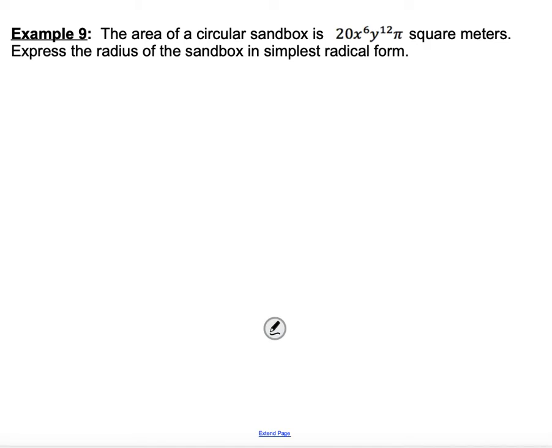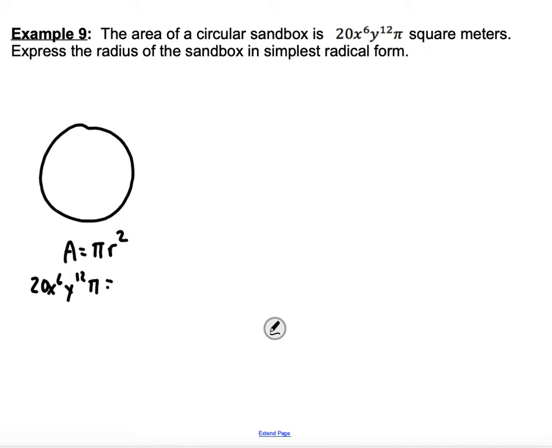Well, area is equal to pi r squared. All right, so they told us the area, so let's just plug that in there. So 20x to the 6th, y to the 12th times pi equals pi r squared.